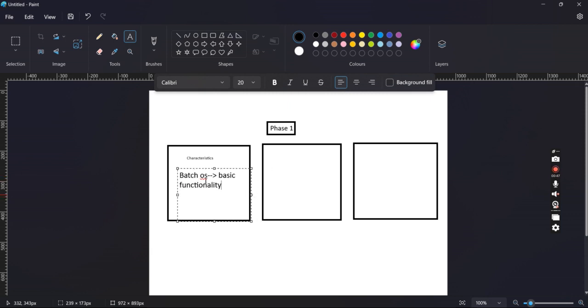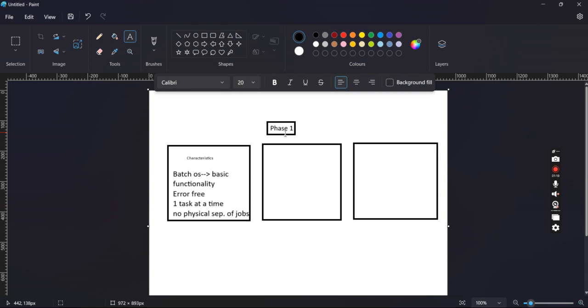It is batch OS, but with very basic functionality within itself. First thing, it requires error-free code. What does that mean? We will see it later. Later, it can only execute one task at a time. Right? And there is no physical separation of jobs. We will see what that means, what a job is and everything else.